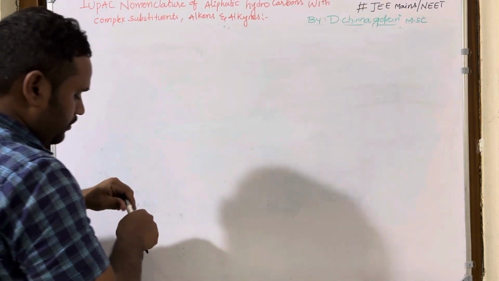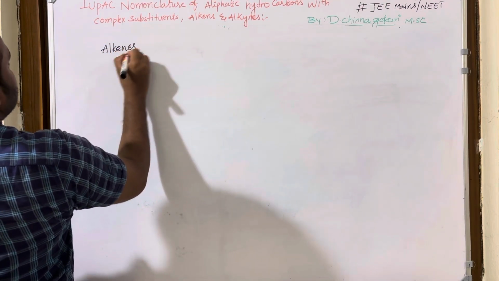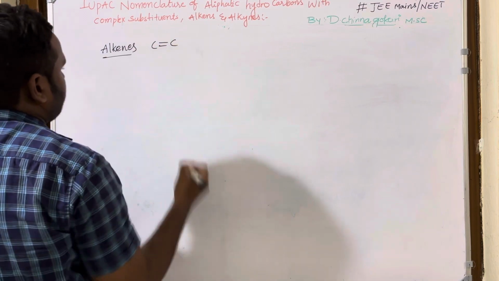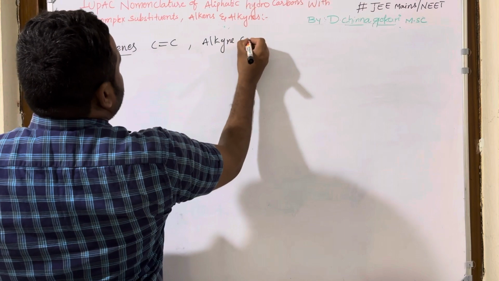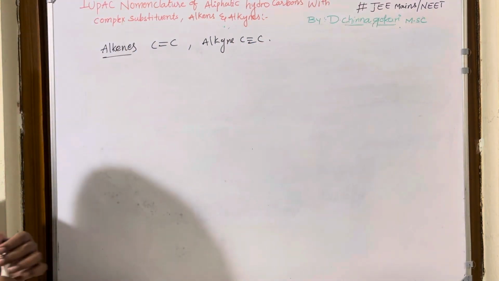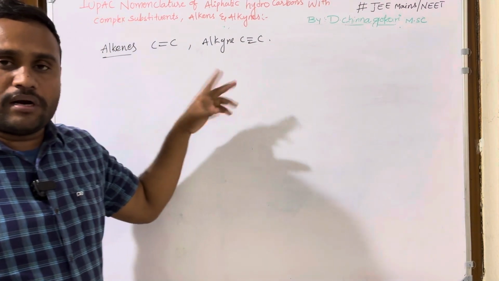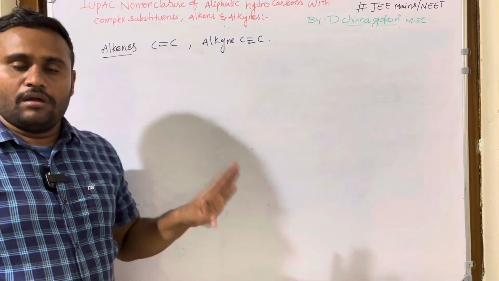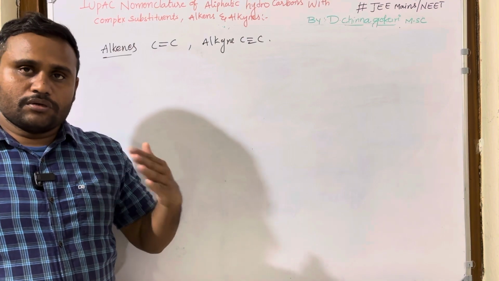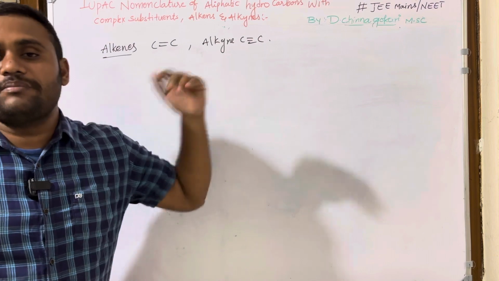So here we already know alkenes, C double bond C, and alkynes, C triple bond C. When we have a double bond or a triple bond, we consider them to have equal priority, so we give the same priority except in symmetric cases.